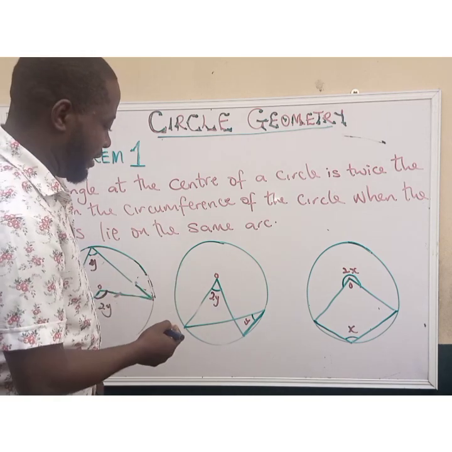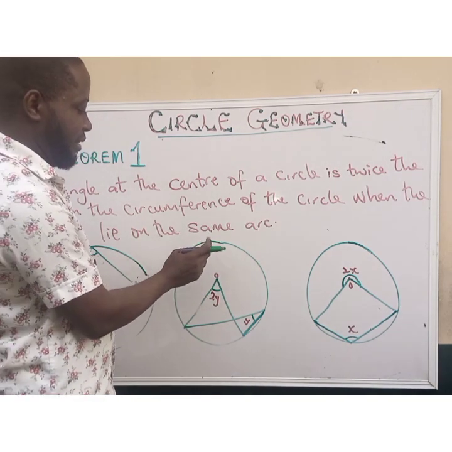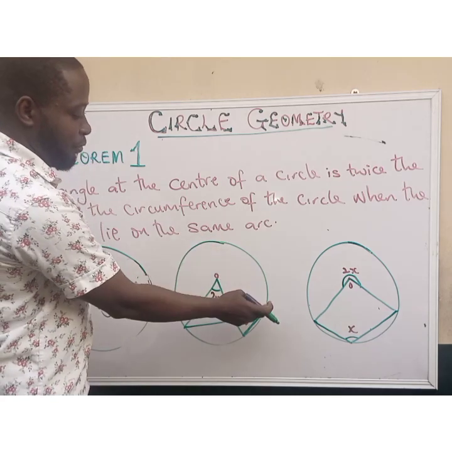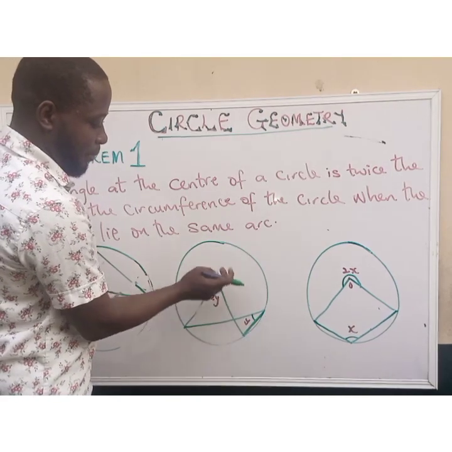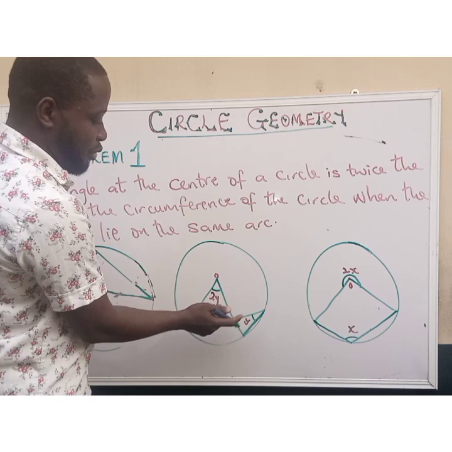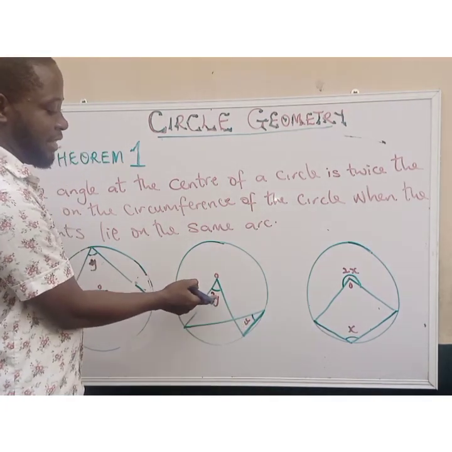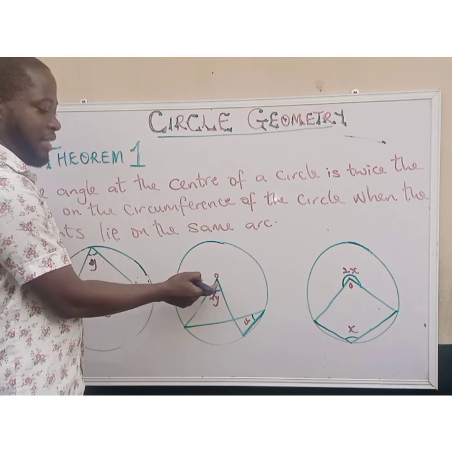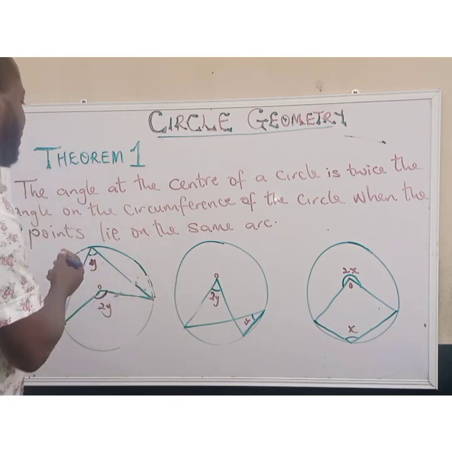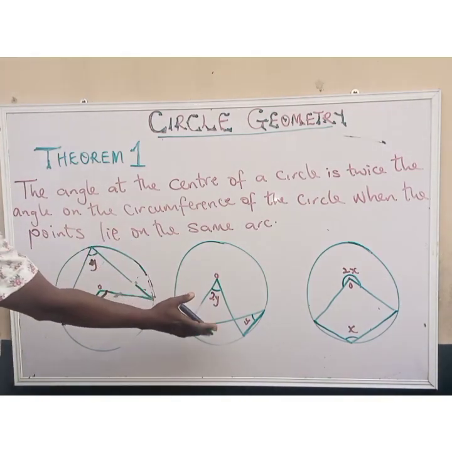Now when you look at this, the point here has moved to this side. So here, this is the angle that touches the circumference, while this is the angle at the center. So the same theorem is applicable to this illustration.